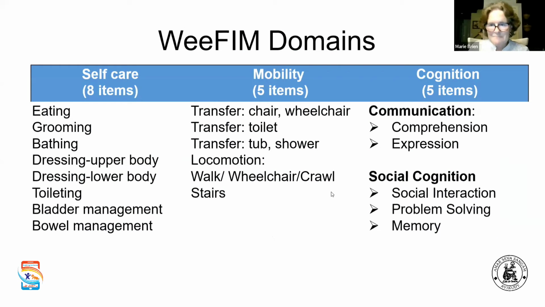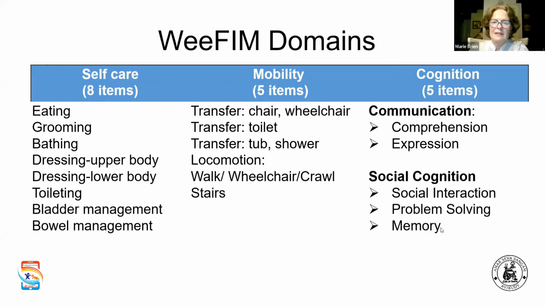So the WeFIM is the functional independence measure that we use with family as a feedback tool within the app. So when we have worked with families on all of these functional skills and adapting the environment, we look at these various items with the family and ask them how they feel their child is now doing in these various areas.